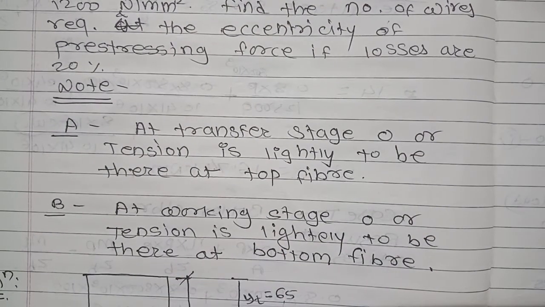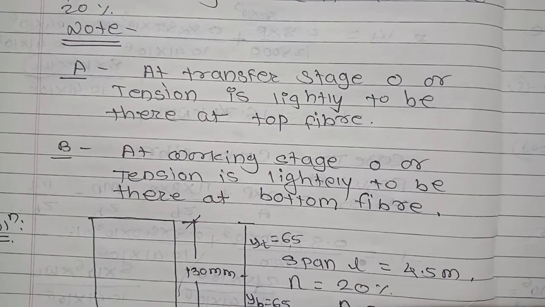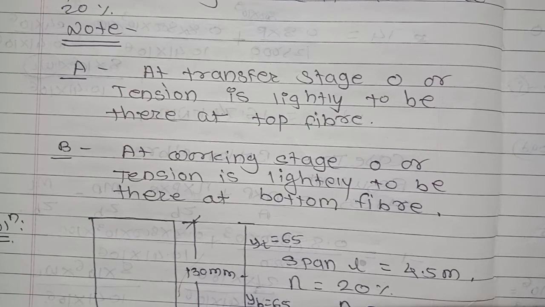Now note that A: at transfer stage, 0 or tension is likely to be there at the top fiber. B: at working stage, 0 or tension is likely to be there at the bottom fiber.